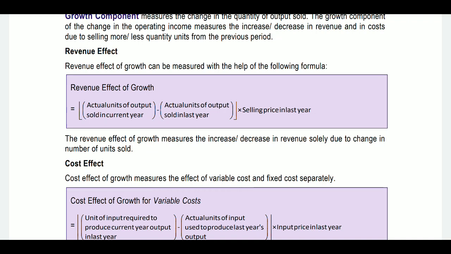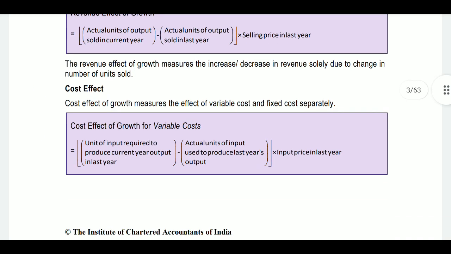This shows how much revenue increased or decreased. The cost effect of growth for variable cost: actual units of inputs required to produce current year output in last year minus actual units of inputs used to produce last year's output, into input price in last year. This shows what the cost effect is, whether selling more or less quantity.